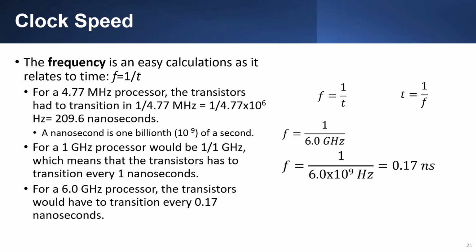For a 4.77 MHz processor, the transistor has to transition in 209.6 nanoseconds. A nanosecond is 1 billionth of a second. For a 1 GHz processor, which would be 1 divided by 1 GHz, the transistor has to transition within 1 nanosecond. For a 6 GHz processor, the transistors would have to transition every 0.17 nanoseconds.